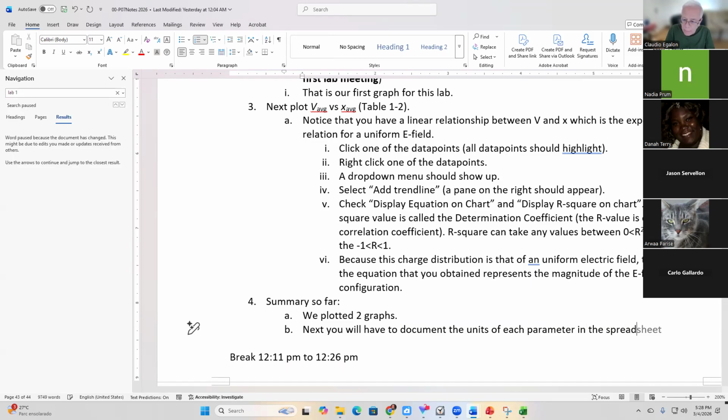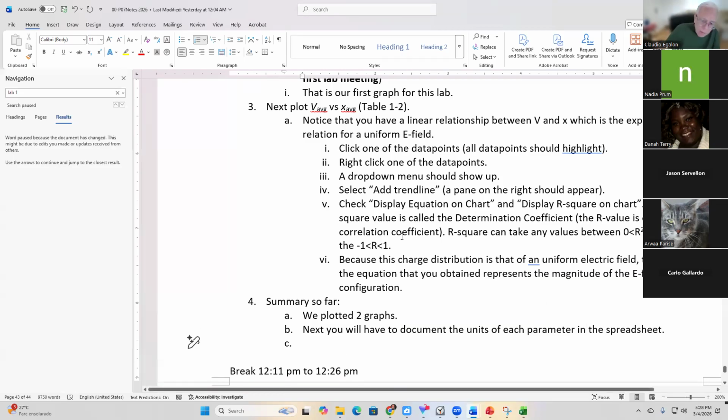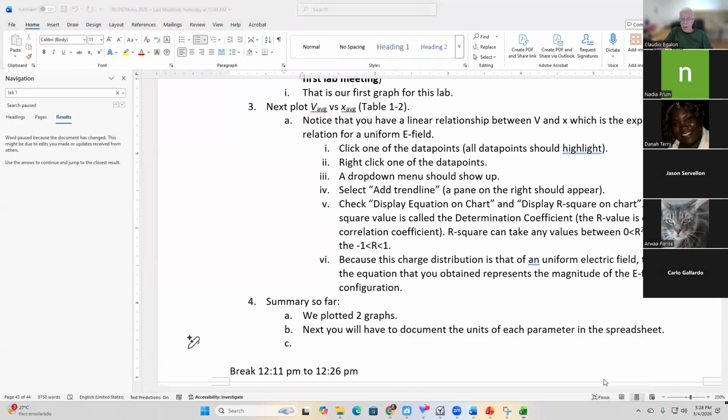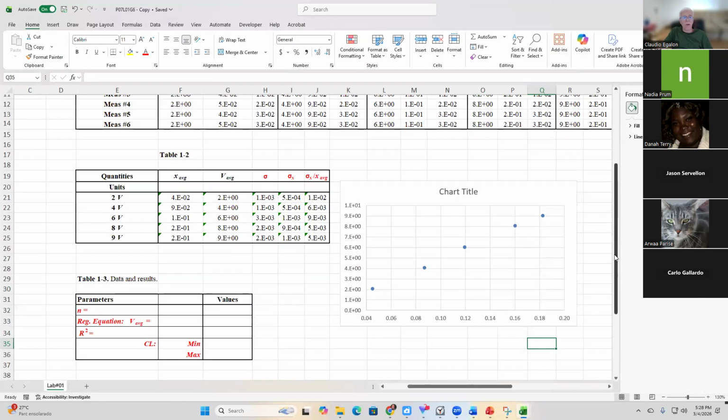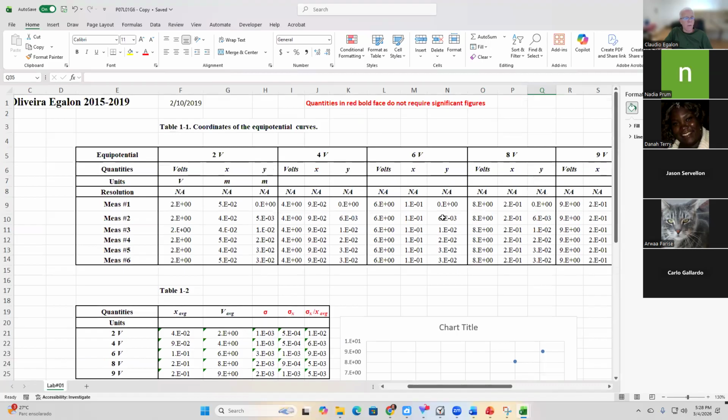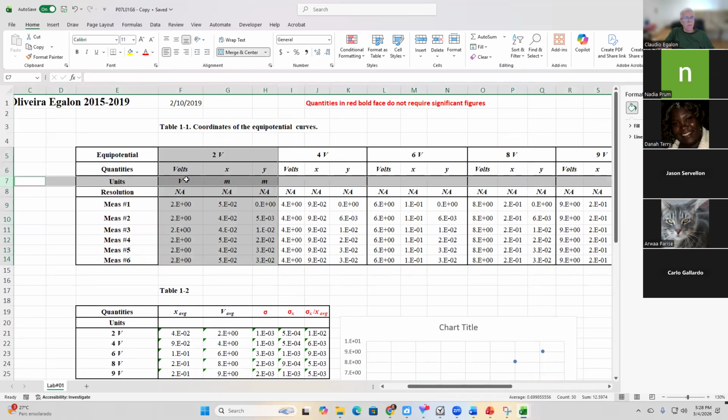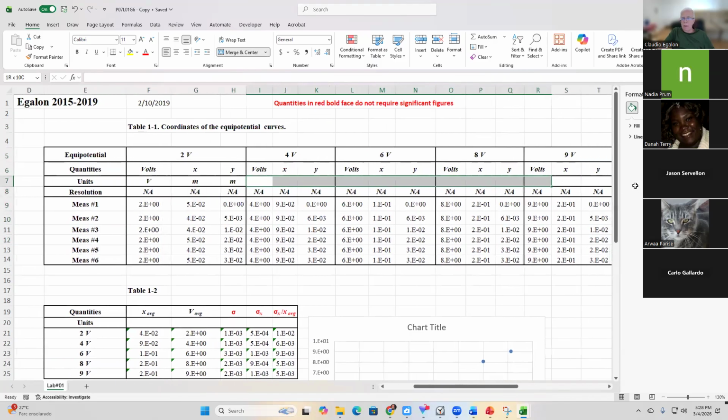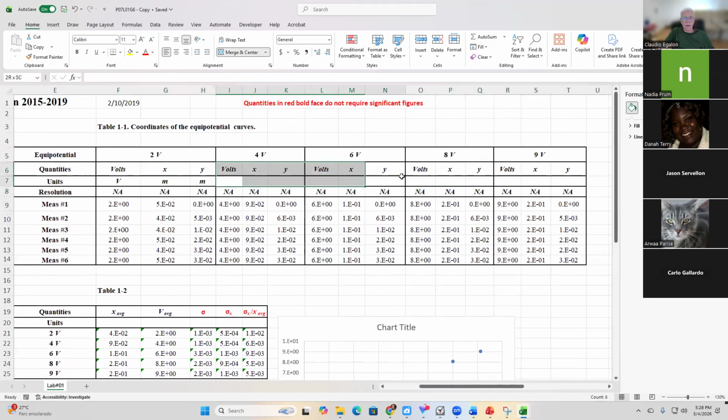We do that in any paper that we write, in any technical document that we write. And you already have some of the work done for you, because look here, for this part of the table, I already put the units for you. Units, here you go. Volt, meter, and meter. And all you have to do is fill up the rest.